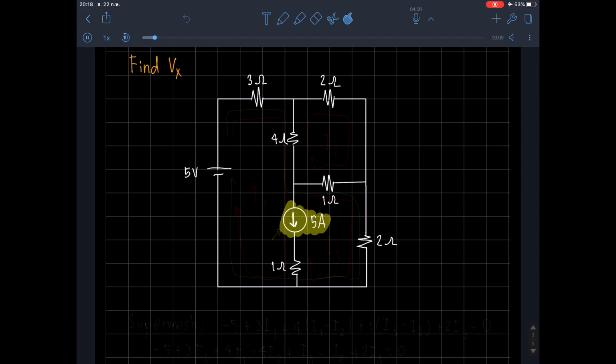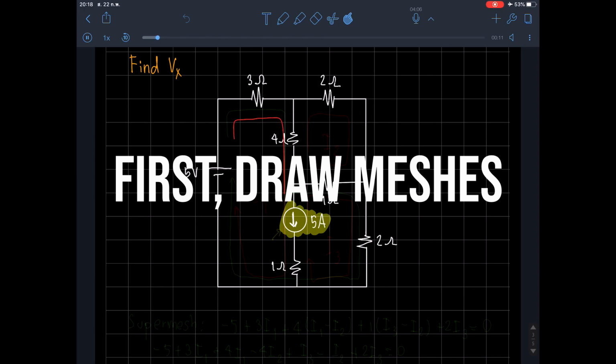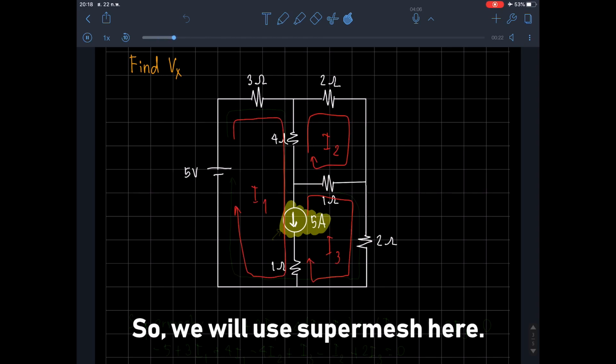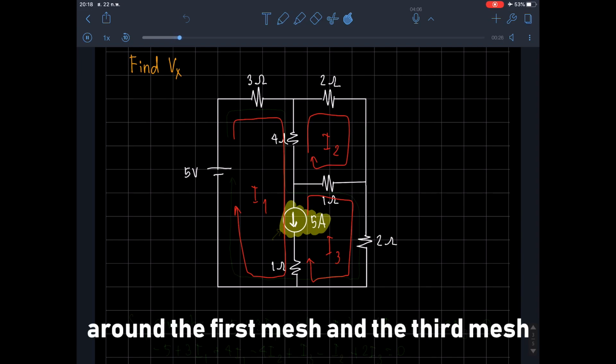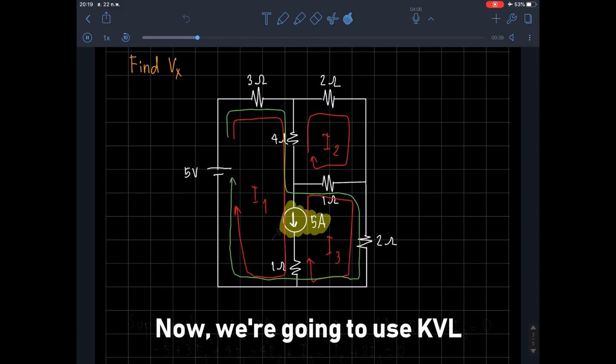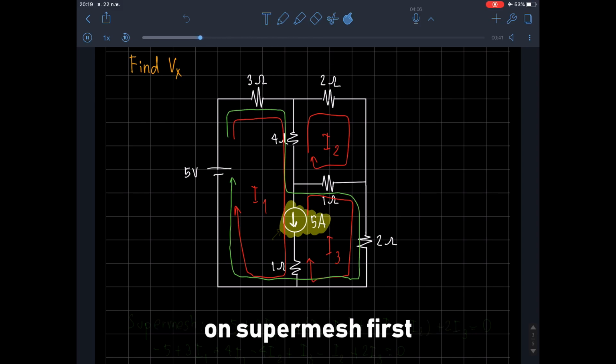So first we're going to draw a mesh. We will use the concept of supermesh here around the first mesh and the third mesh. Now we're going to use KVL on the supermesh first.